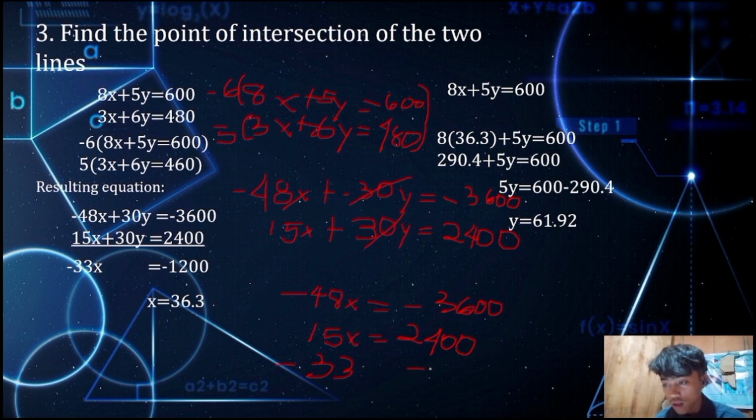So, negative 1,200. So, negative 33x equals to negative 1,200.